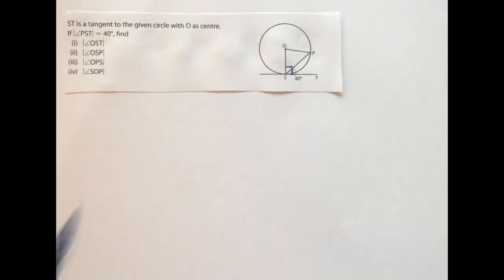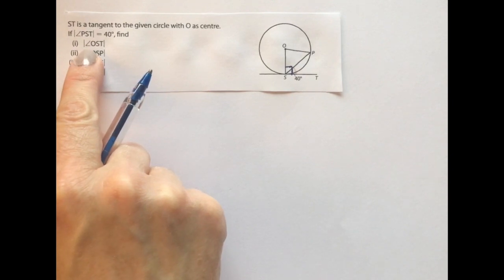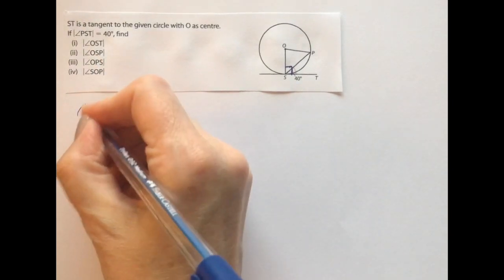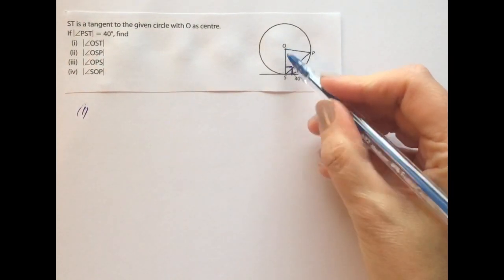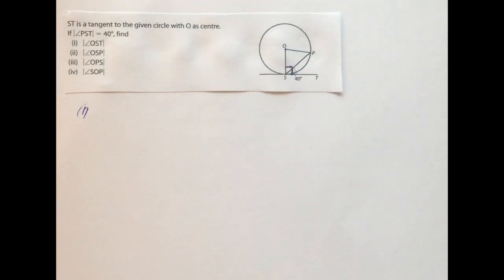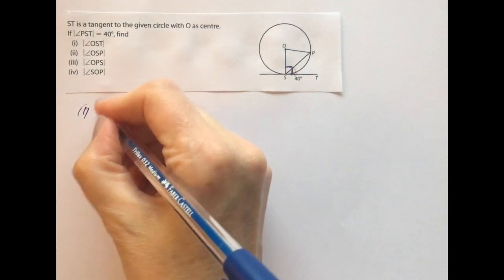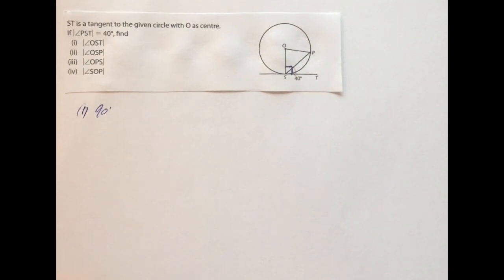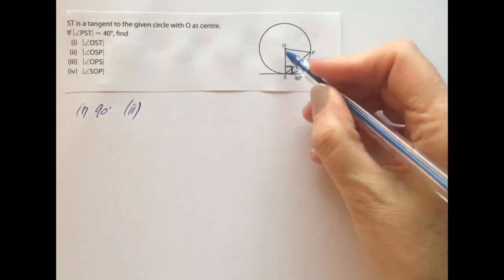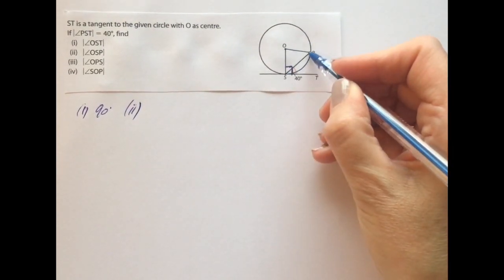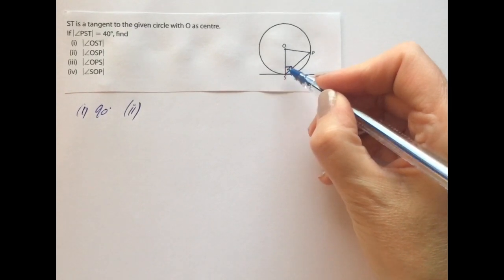Now we're going to find the first part of the question, which is angle OST. Oh well, I've already put that in. That is, of course, 90 degrees, so we know that already from our theorem. Jumping to part 2, angle OSP. OSP is just this little section here.